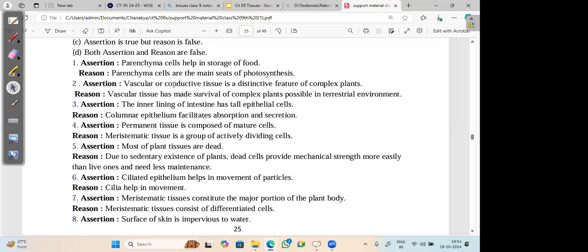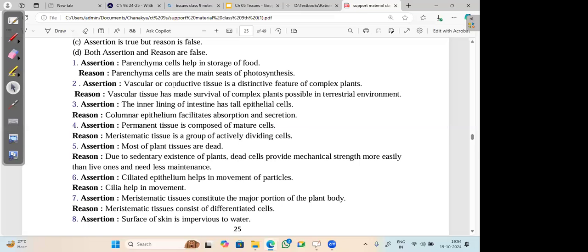Yes, sir, it is correct. Okay, in which plants do you find this vascular or conductive tissue? We don't find vascular or conductive tissue in simple plants. Are vascular bundles found in herbs?